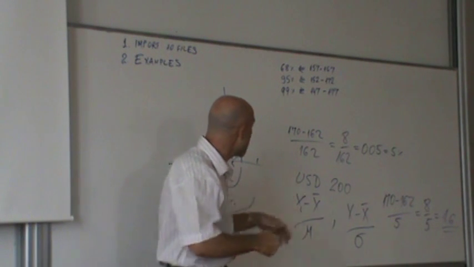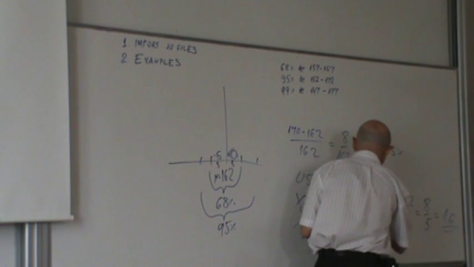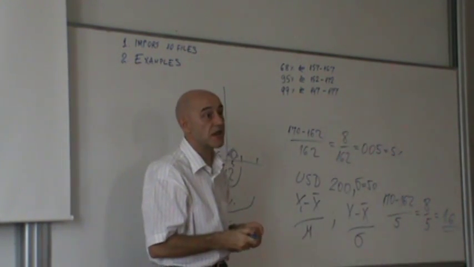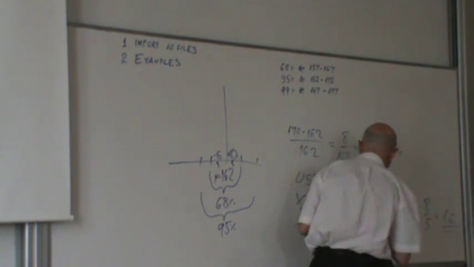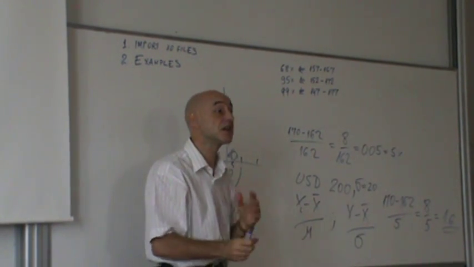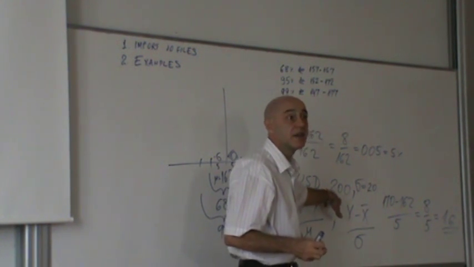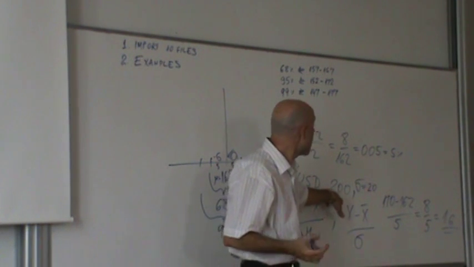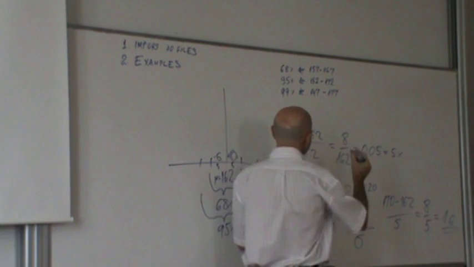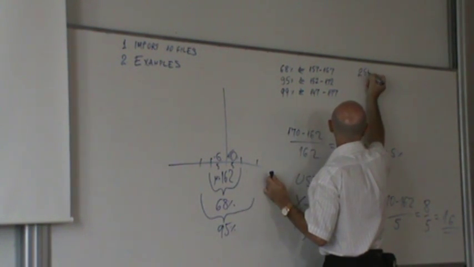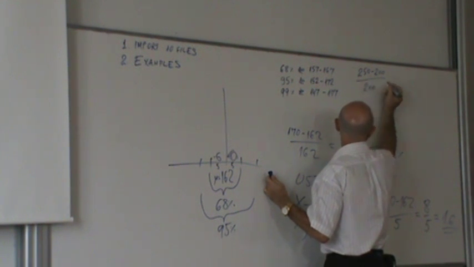Now, with the USD 200, a sigma of 50 probably will be representative. Maybe 20 will be representative for most incomes. In other words, 68% of incomes will be falling between $180 and $220. And now you may get somebody with $250, okay? So you can do 250 minus 200 divided by 200.